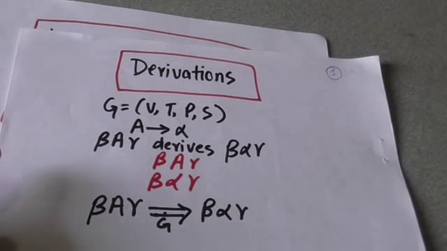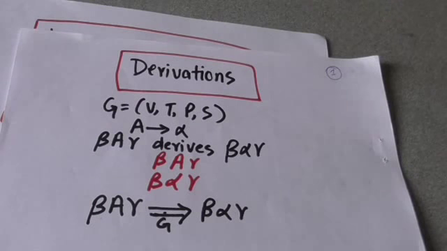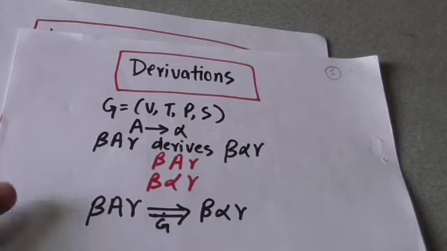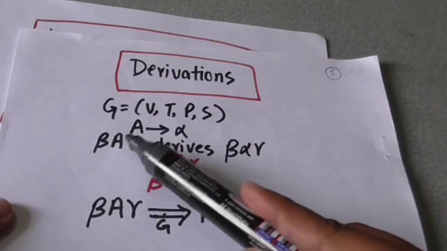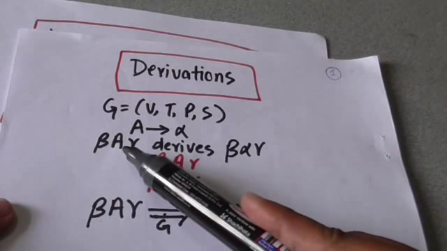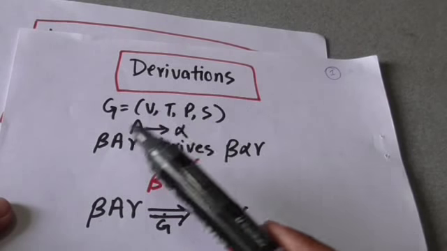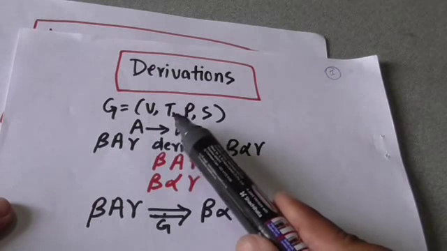Now suppose beta and gamma are strings of variables and terminals. Then there is a string beta A gamma. Here we have replaced A by alpha.